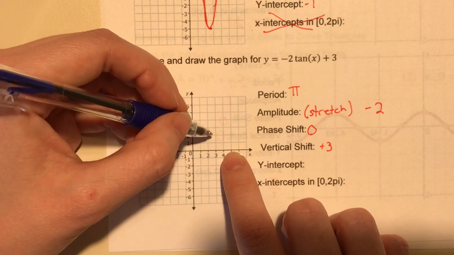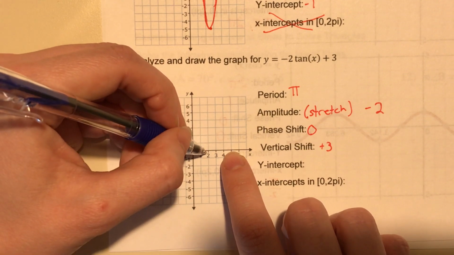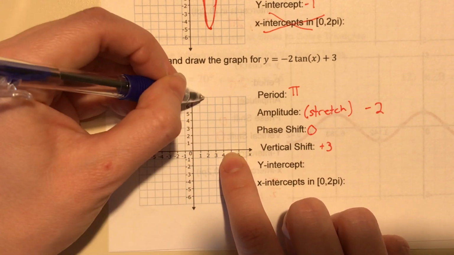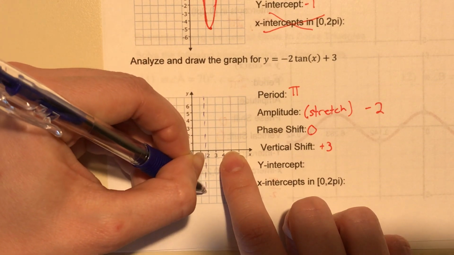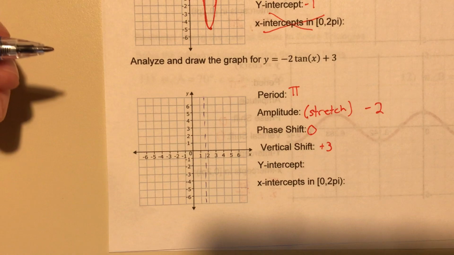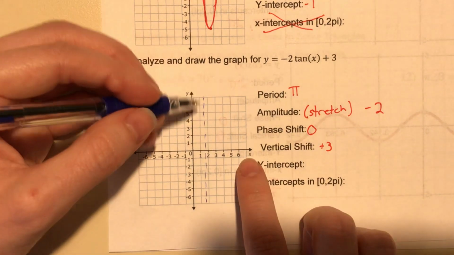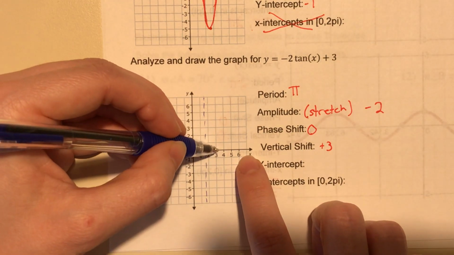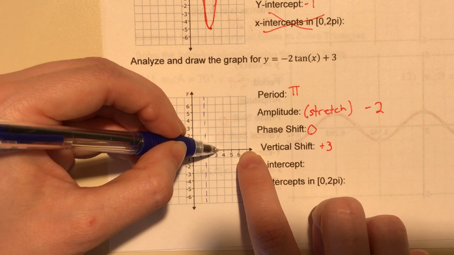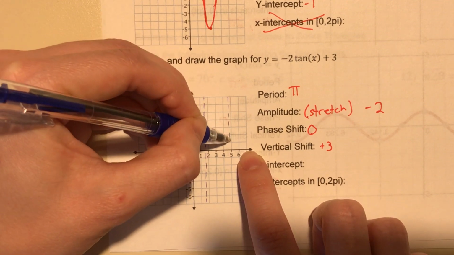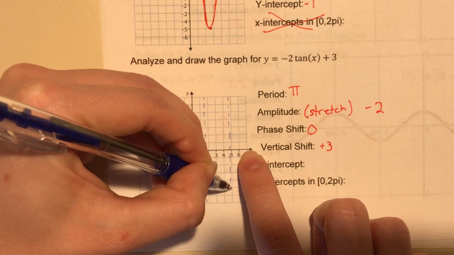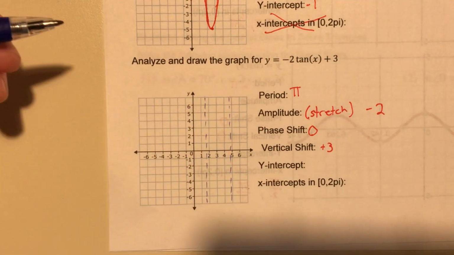So 3.14 is pi, so 1.6 something is pi/2. So let's put an asymptote there, just like that. And then 3 pi/2 is going to be halfway between 3.14 and 6.28, so I'm just going to eyeball that one and put an asymptote there. Again, we're sketching, so it doesn't need to be perfect, okay?